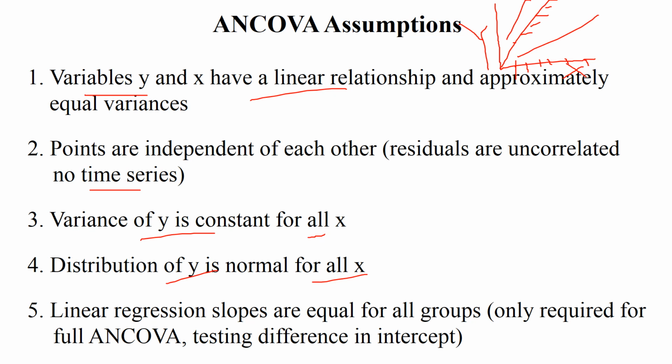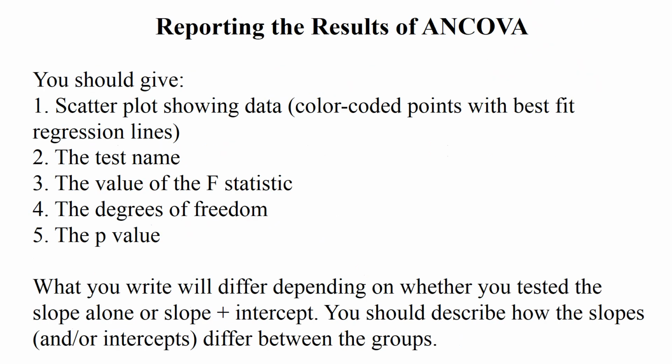For linear regression, slopes are equal for all groups, which is required for ANCOVA, and we are testing the difference in intercept. For the results of ANCOVA, you first require a scatter plot, drawing a colored plot to see the best fit for each group. Then give the test name, the covariate, model 1, model 2, model 3, and the value of the F statistic.